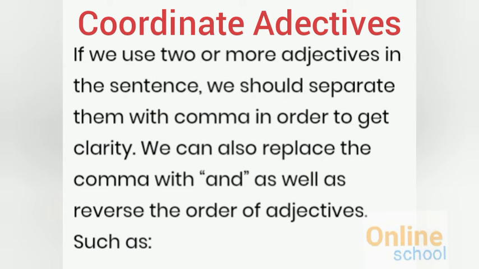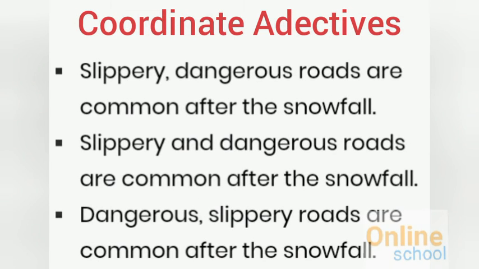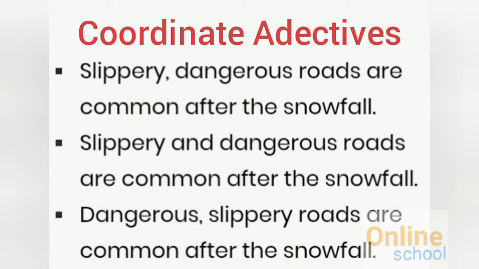We can also replace the comma with and, as well as reverse the order of the adjectives, such as: slippery, dangerous roads are common after the snowfall. We can say this sentence in this way: slippery and dangerous roads are common after the snowfall.